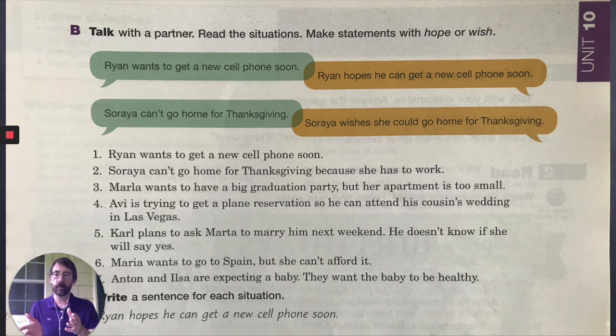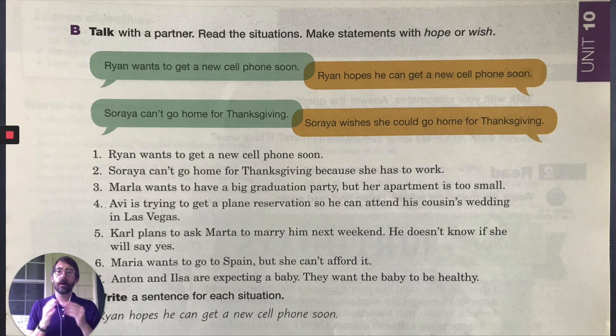See, in this case, instead of just thinking Marla, her own apartment, maybe think, here's another possible situation. Marla can host it at her parents' house because her apartment is too small, right? So maybe she hopes to host a big graduation party at her parents' house because her apartment is too small.